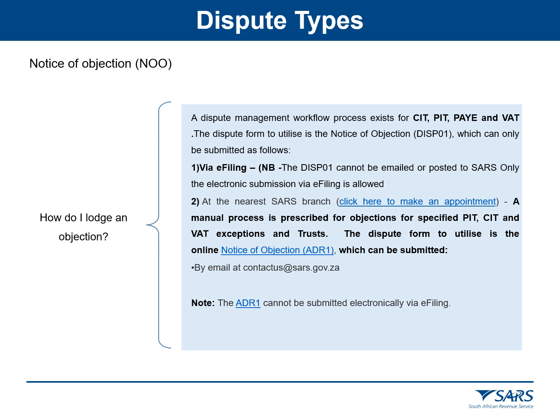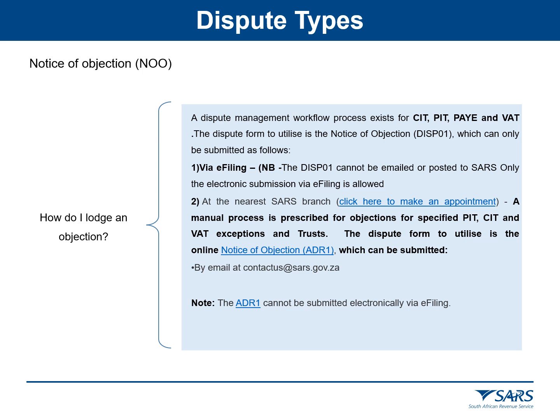The notice of objection. How do I lodge an objection? A dispute management workflow process exists for CIT, PIT, pay-as-you-earn, and VAT. The dispute form to utilize is the notice of objection. This is a DISP-01, which can only be submitted as follows. Number 1, via e-filing.